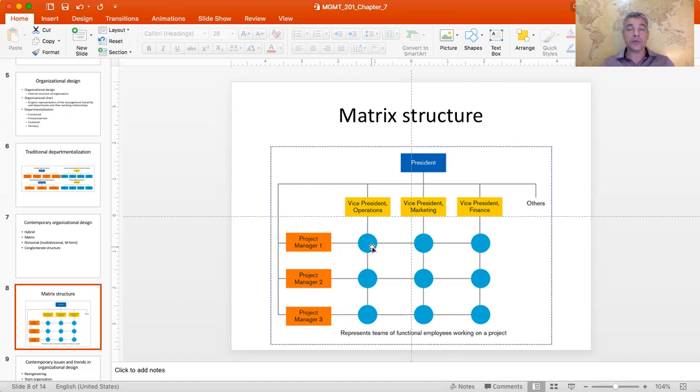If you have this traditional functional structure, where you have the president, and then you have VP of operations, marketing, finance, and some other functions, and then you have individual employees, each responding to their supervisor, those individuals will not be utilized in the most effective way possible.